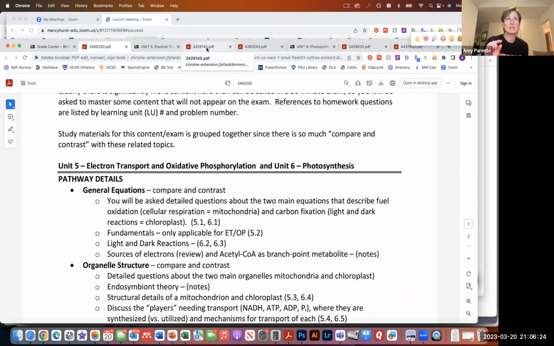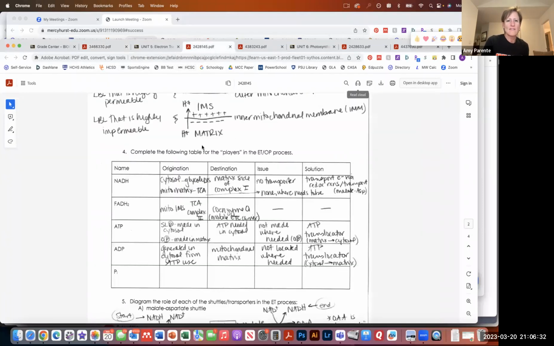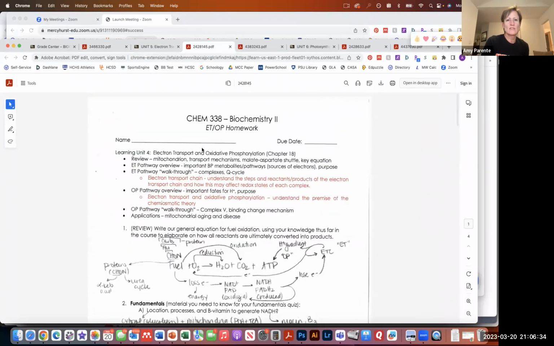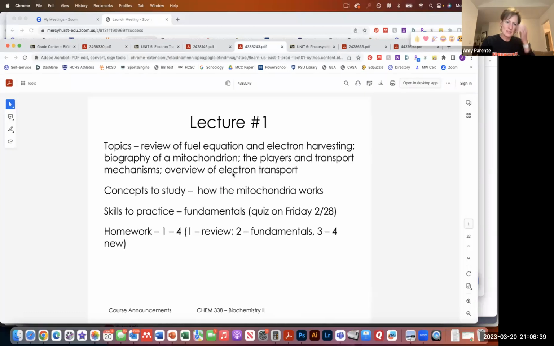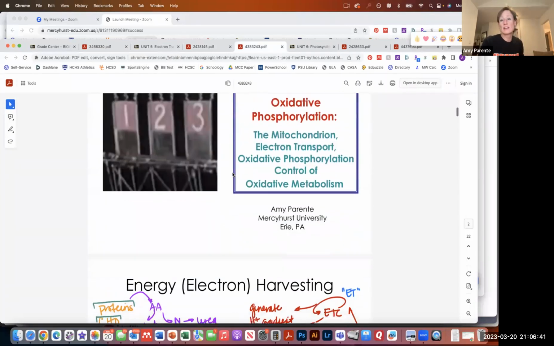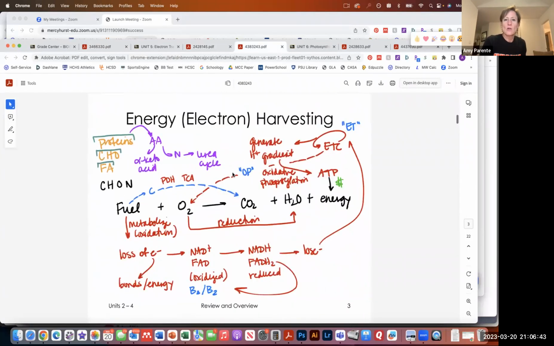If there's anything you'd like me to discuss in further detail, I figured we'd start first with Unit 5. I have the homework key available here, as well as lecture slides. As a hint, this is the equation slide, thinking about the main equation and how we connect pieces to that.